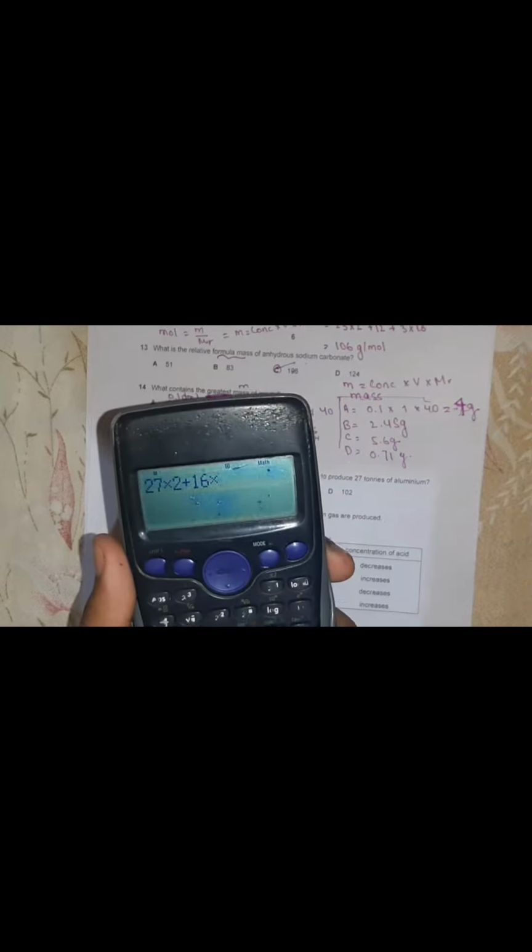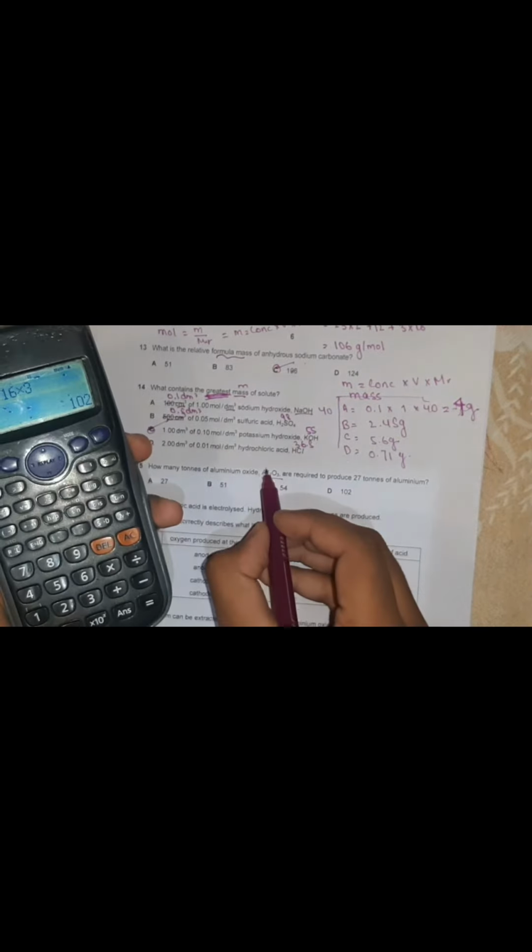Basically we have to calculate the MR of this first. The MR of aluminium oxide would be 27 multiplied by 2, plus 16 multiplied by 3, which is 102 grams per mole.